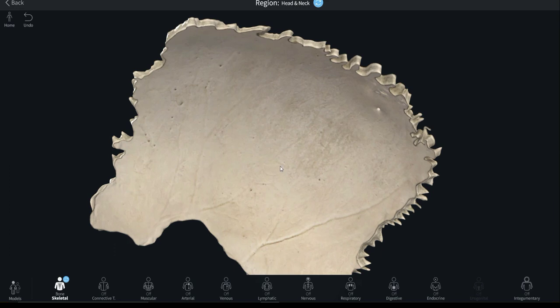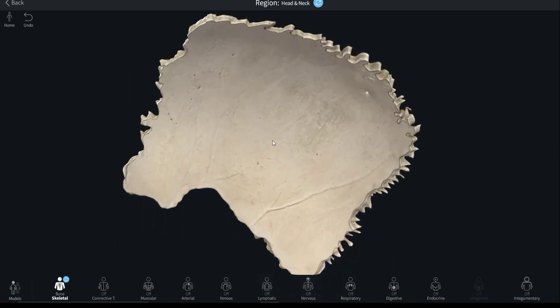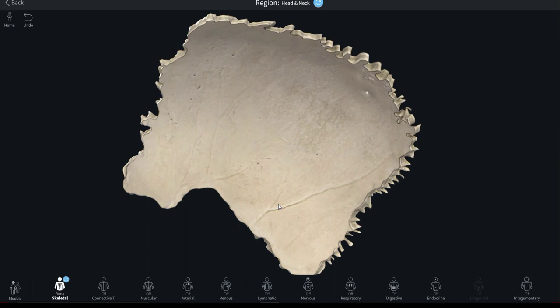But since we're talking about the parietal bone here, we can conclude that these vascular markings belong to the middle meningeal vessels. Very, very important.